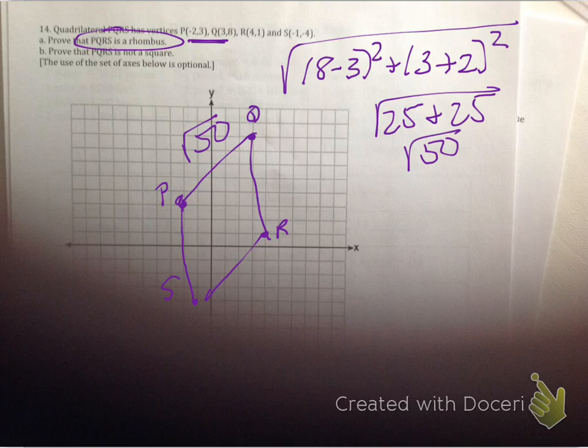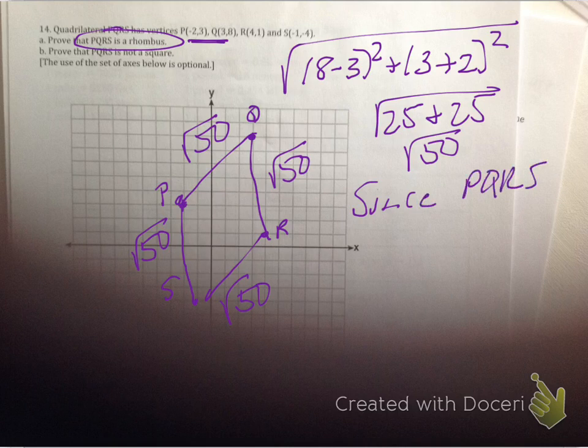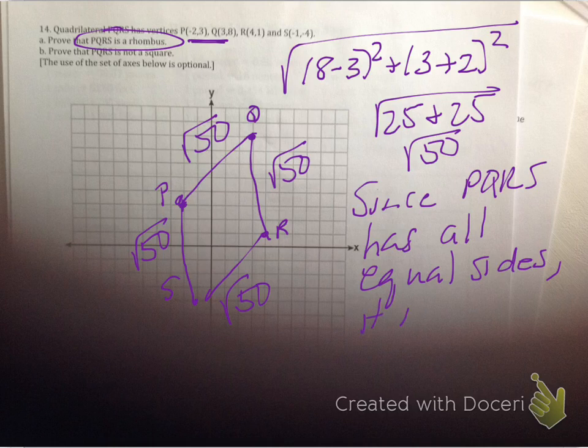If you were to do the distance formula for all 4 sides, you would get radical 50 for every side. And then you would write, since PQRS has all equal sides, it must be a rhombus. Okay, so that would be one way to do it.